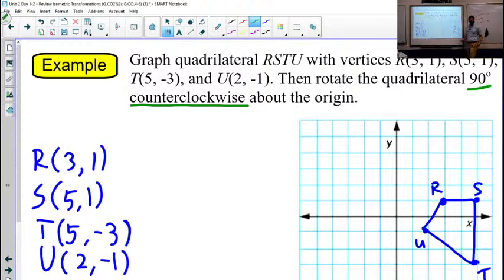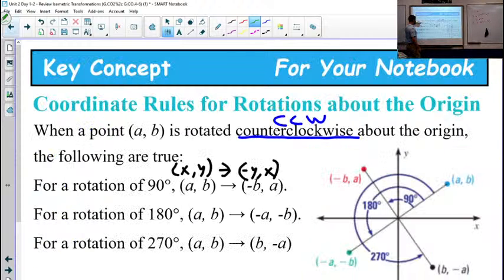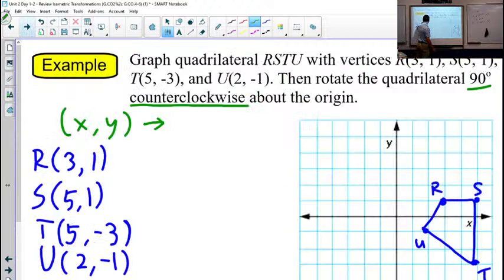So the shape should get rotated like this. That's about where our shape should end up. So our coordinate rule, if you look on the last slide, the coordinate rule for 90 degrees counterclockwise is xy moves to negative y x. It's showing it with a's and b's, but you can write it with x and y's as well. xy moves to negative y x.